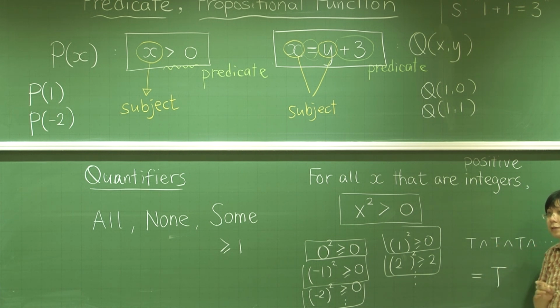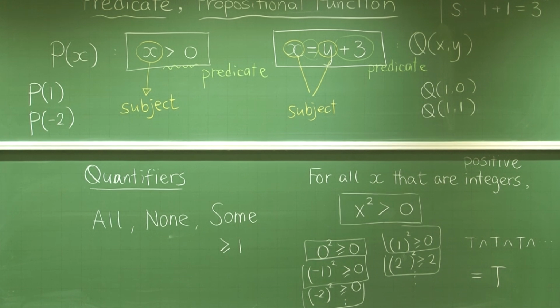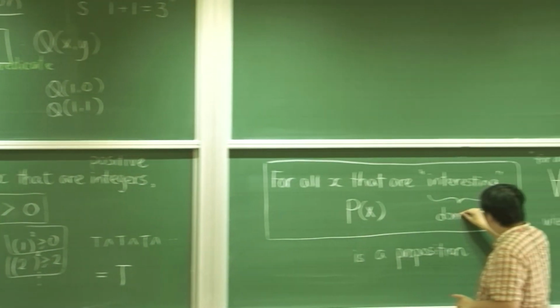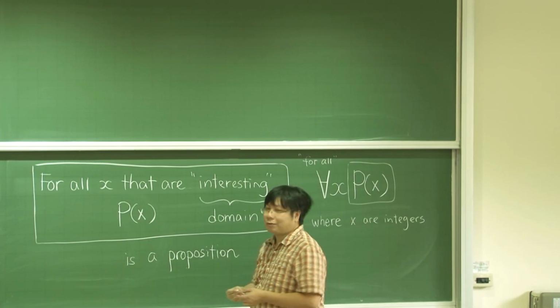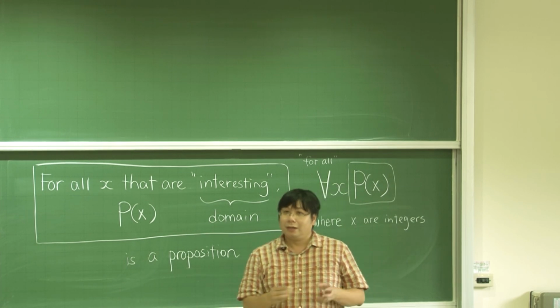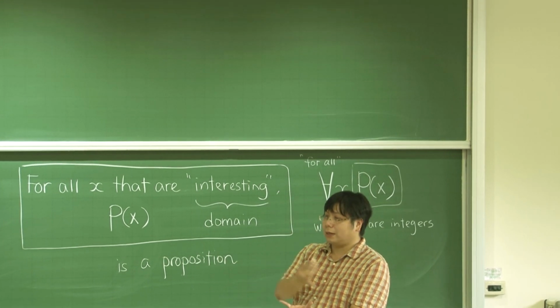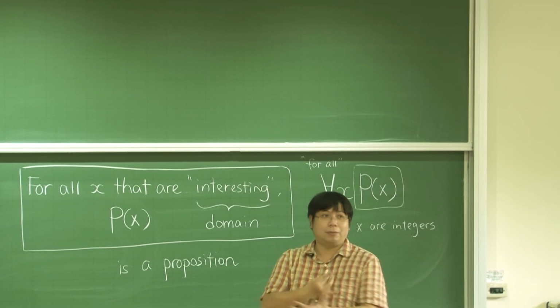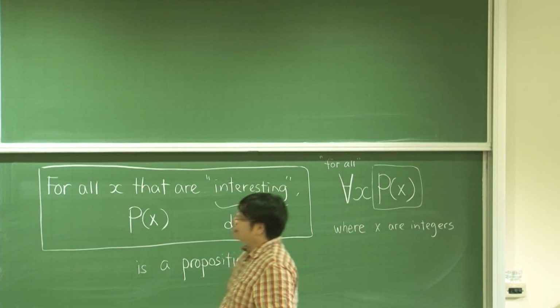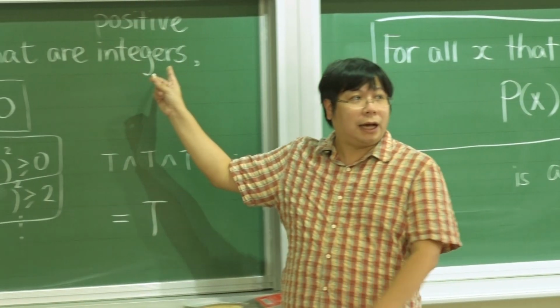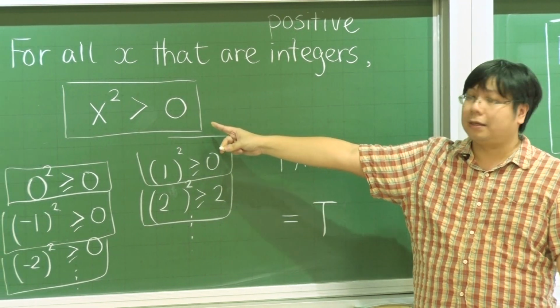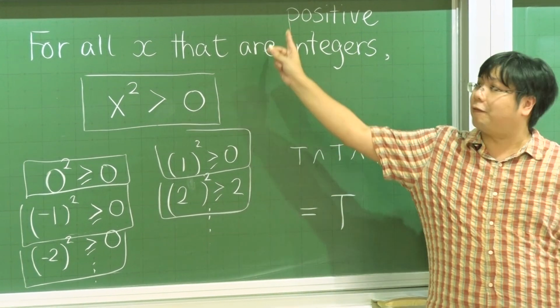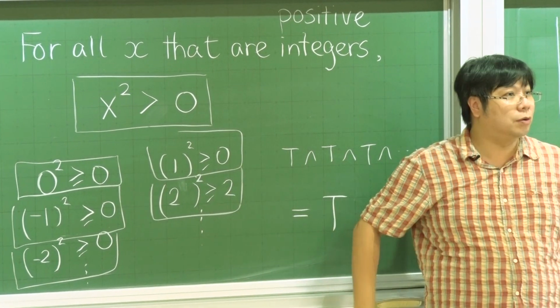But based on the different interesting thing that we focus on x, usually this interesting thing, we call it the domain of x. Okay, domain is a strange word. But domain means home. What are the x that you should look at? The home of all possible x's that you look at. If the domain are different, then usually you will have a different truth value for the whole proposition.